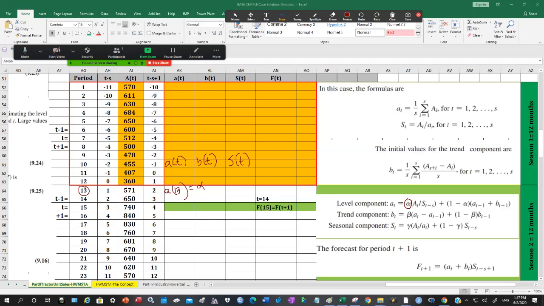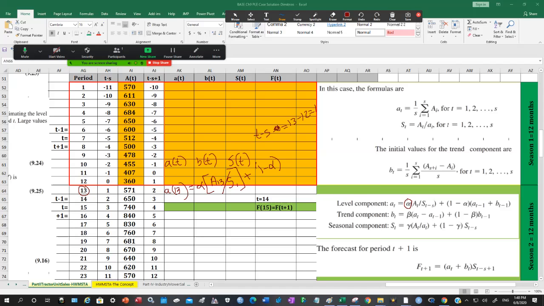Alpha, and then times A, the actual at 13, divided by the seasonal of t minus s, right? T is 13. So this is 13. S is always 12. So this is 1. So this is S of 1. Okay.